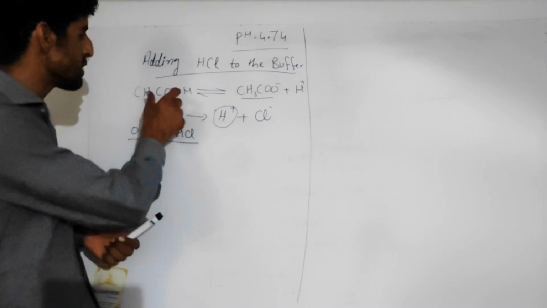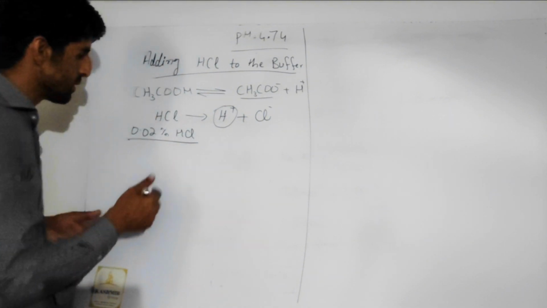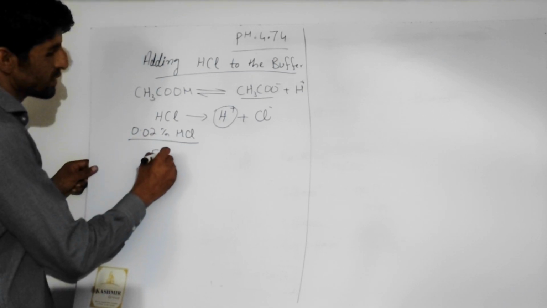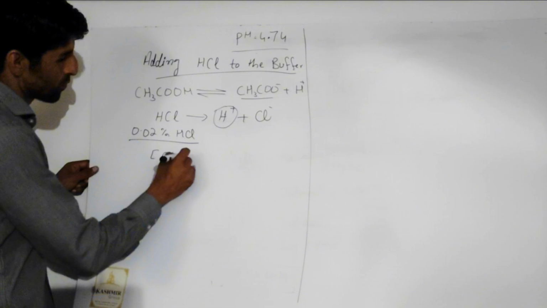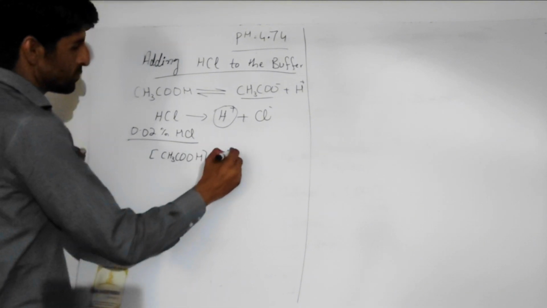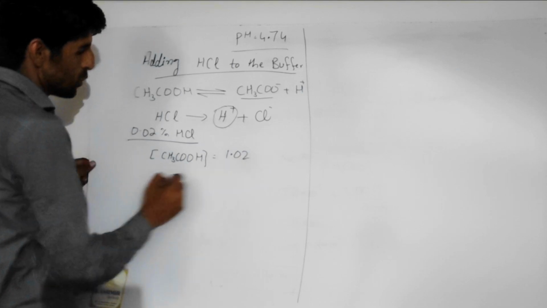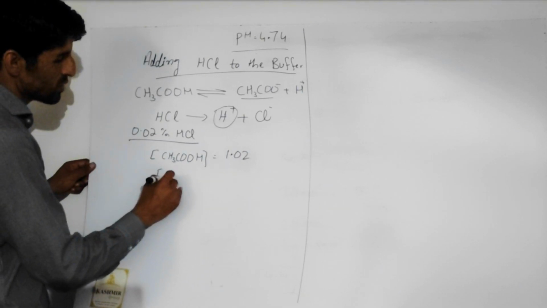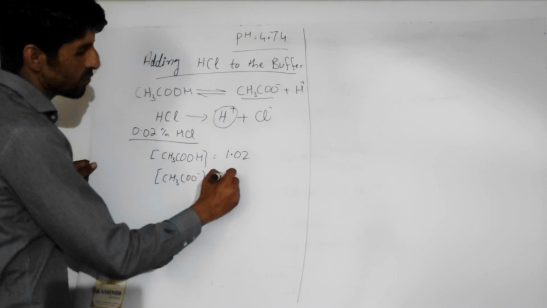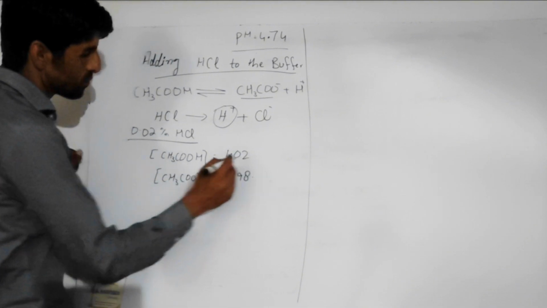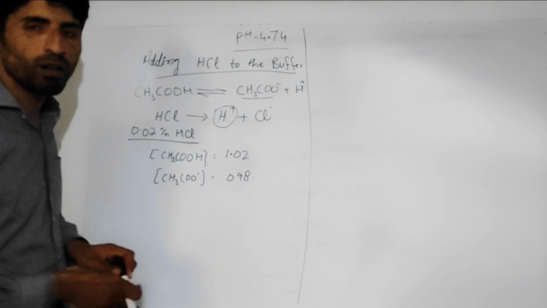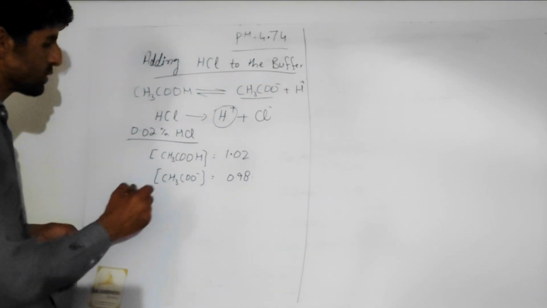To find the value of pH after introduction of the acid, say we introduced only 0.02% of HCl to the solution. The concentration of acetate ions will decrease due to the combination of the hydrogen ion with the acetate ion, and acetic acid will be restored. So the concentration of acetic acid will become 1.02 and the concentration of acetate ion will become 0.98. Let us find the concentration of hydrogen ions once again.